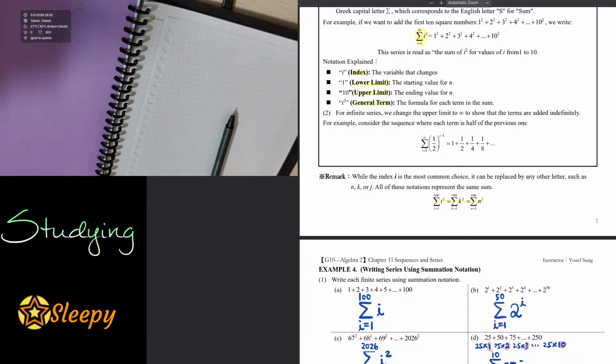So let's go. 11.1. A sequence is an ordered list of numbers. A finite sequence, an infinite sequence. And a sequence can be specified by an equation or rule. For example, a_n is 2n, or f(n) is 2n, whatever you want to call it.